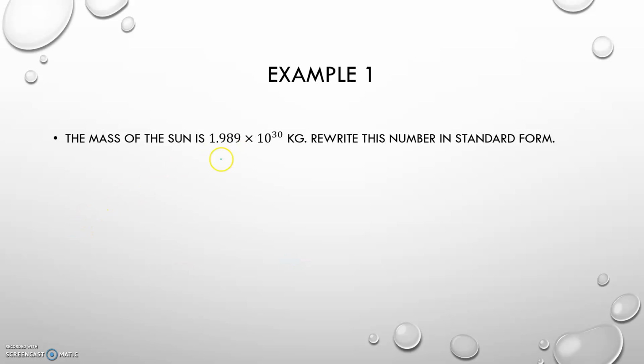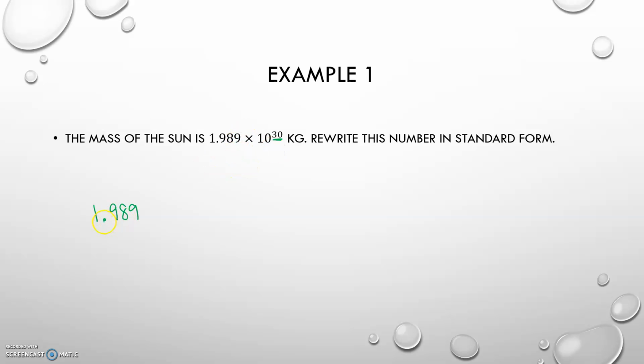So what I'm going to do is start by writing 1.989, and it's times 10 to the 30th. So this 30 means that I have to move my decimal place. If it starts in scientific notation, I'm moving it to the right.